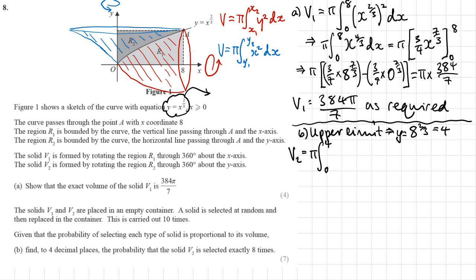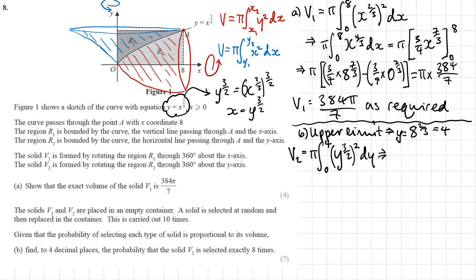So if I do to the power 3/2 to both sides, like this, so x to the 2/3 to the power 3/2, well, that will give me x is equal to y to the power 3/2. So it's going to be y to the power 3/2, and that's going to be squared, and this is dy.